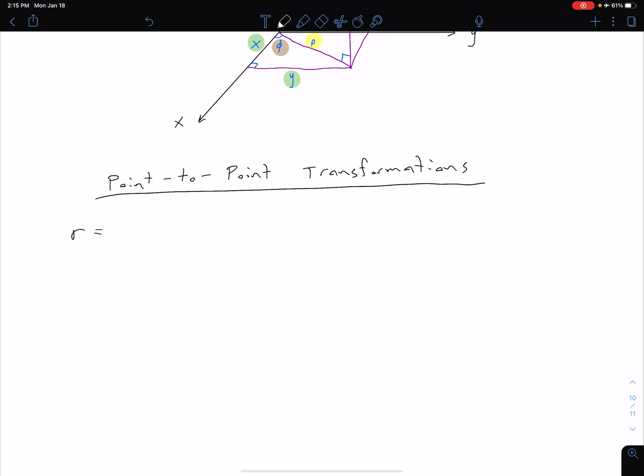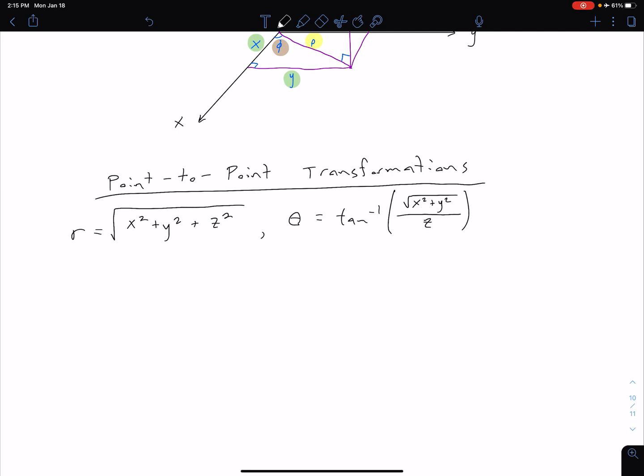We could say that our r is equal to the square root of x squared plus y squared plus z squared. Our theta, which is our second key term, is going to be the inverse tangent of the square root of x squared plus y squared in the numerator, which is equal to rho, so we've used rho as an intermediate value, divided by z.